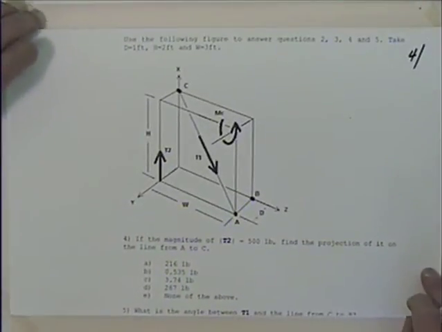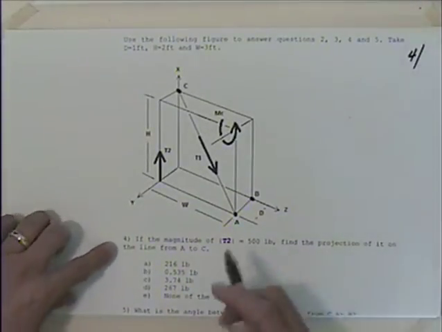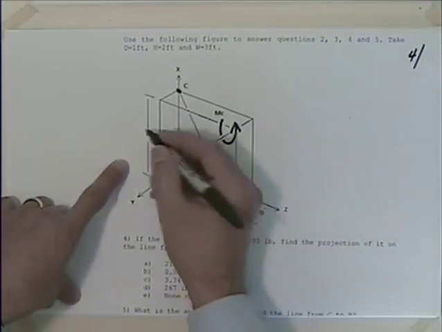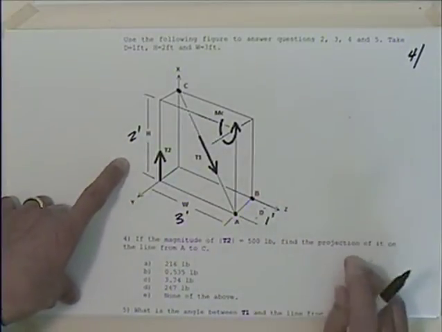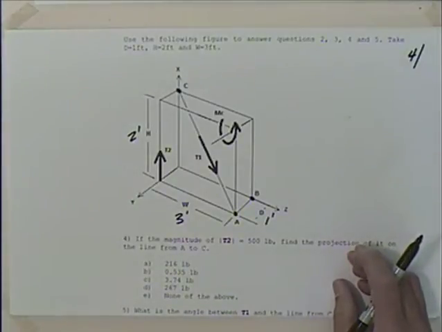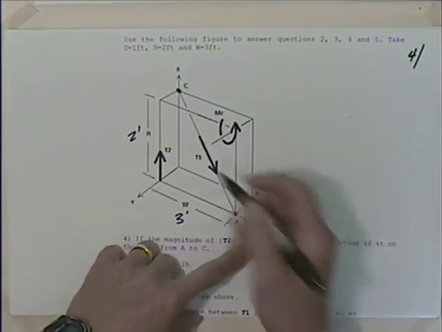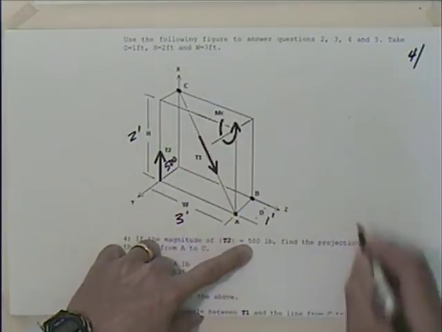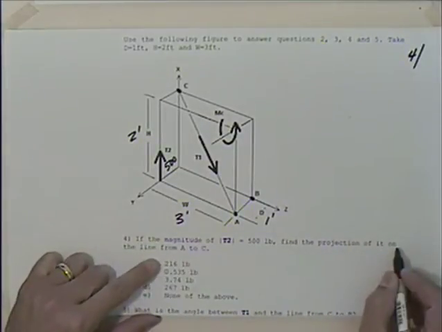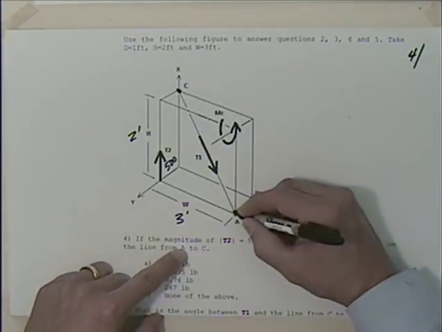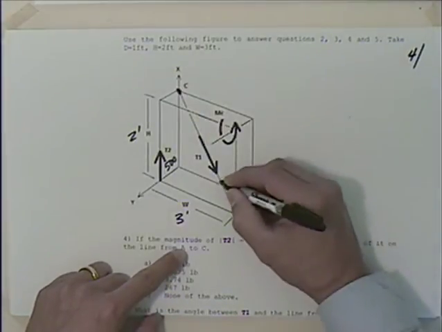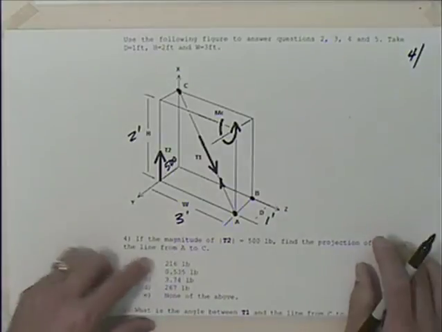So again, we have the same dimensions here. This is 2 feet, 3 feet, 1 foot. And we're told if the magnitude of T2 is 500, again 500, find the projection of it on the line from A to C. Okay, from A to C. Well, do I have that?